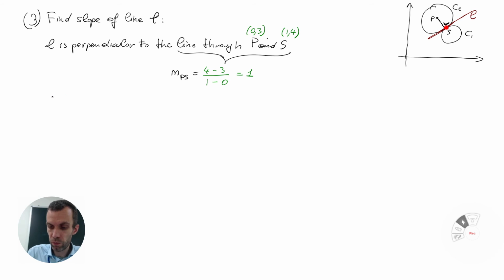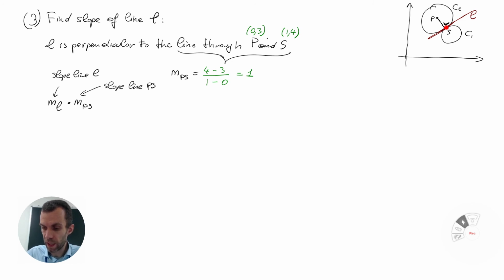And now we know that the slope of the line L times the slope of the line through PS has to be equal to minus 1. So in other words, the slope of the line L is minus 1 over MPS.